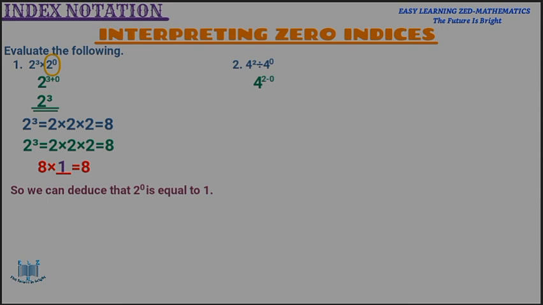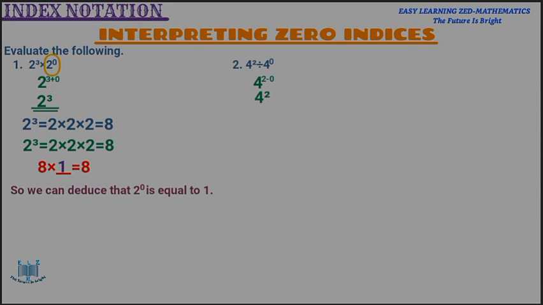So once we have written 4 to the power of 2 minus 0, we are going to simplify the powers. So we are going to write 4, we'll maintain the base, then we say 2 minus 0 will give us 2.